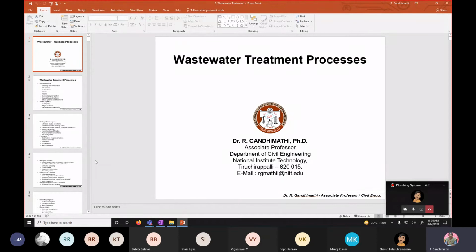I will move to the wastewater treatment systems. Can you tell me what the objectives of wastewater treatment system are? Now you have studied the constituents of the wastewater. Already we have discussed this in the beginning of your class. I think I started with the wastewater constituents only. Therefore, can you tell me what the objectives of wastewater treatment system are?